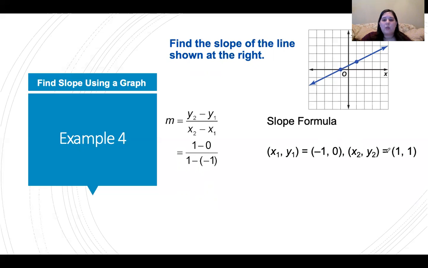It actually doesn't matter which one you label (x1, y1) or (x2, y2). We could flip the order and we will still get the same answer. So here they went ahead and gave (1, 1) as (x2, y2). So we're going to do 1 minus 0 over 1 minus -1, which gets us 1/2. So the slope of the line of this graph is 1/2.